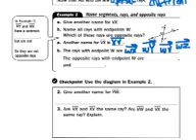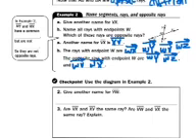Again, notice that I wrote the endpoint letter first. The opposite rays with endpoint W are WY and WZ and WV and WX. So 2 pairs of opposite rays.